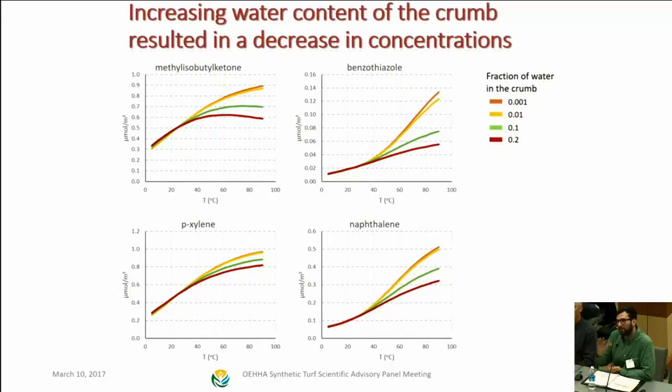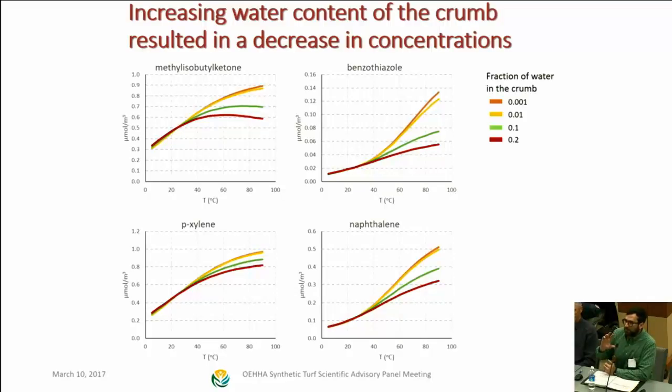So for the different chemicals, the effect of the fraction of water in the crumb seems to be different. That is because of their different properties, their affinity for the crumb or their solubility in water. And what that can tell us is that, in dry conditions and in high temperature and where there's activity on the turf, the exposures are going to be really high. That's where they can be expected to be really high.